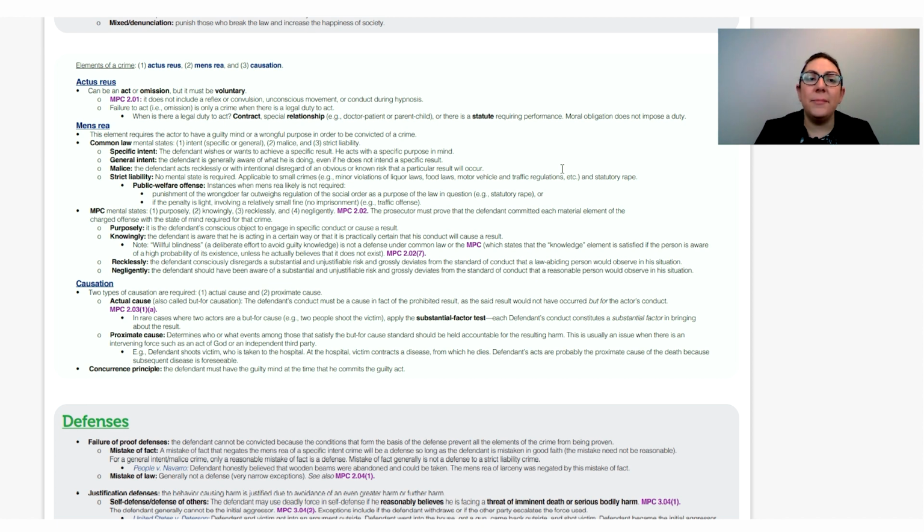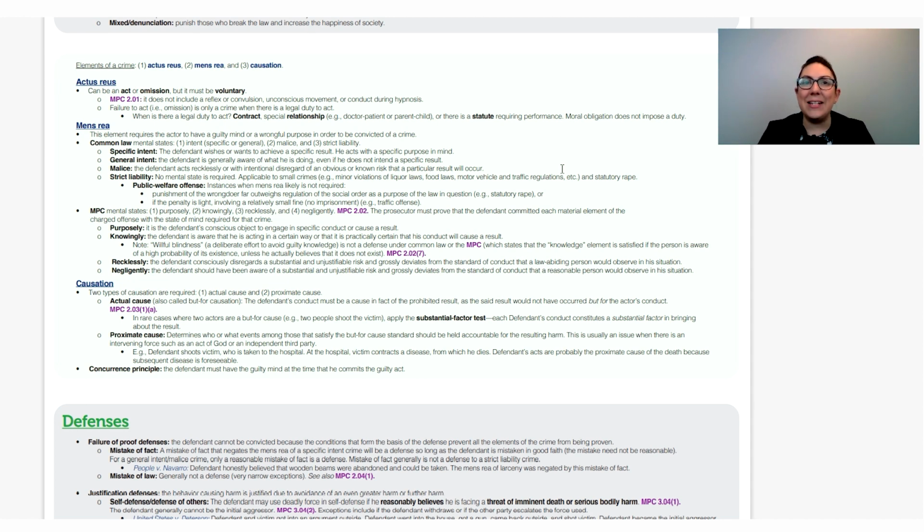General intent crimes are where the defendant is generally aware of what he's doing and generally aware that his conduct will cause a particular result, even if he doesn't intend that result. A great example of this is battery. So a defendant might be, let's say, swinging a baseball bat, and he knows that the victim is standing nearby, and he means to just scare the victim. He didn't mean to hit the victim.